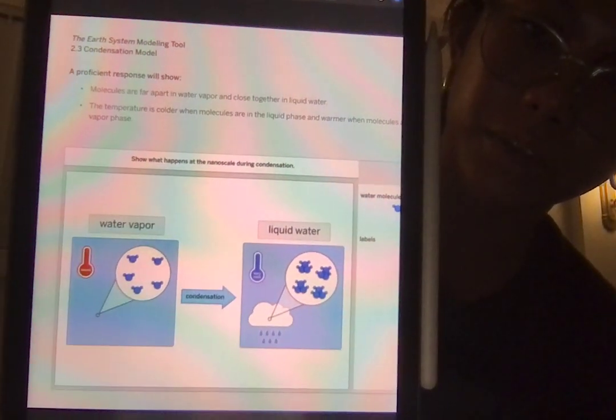So I'll bring up this image once again, and I would further explain what is going on. I would allow students some time to fill out this part of the activity before I move on. I would encourage them to discuss with their partner so that they can get some feedback whether or not they're in the right direction.